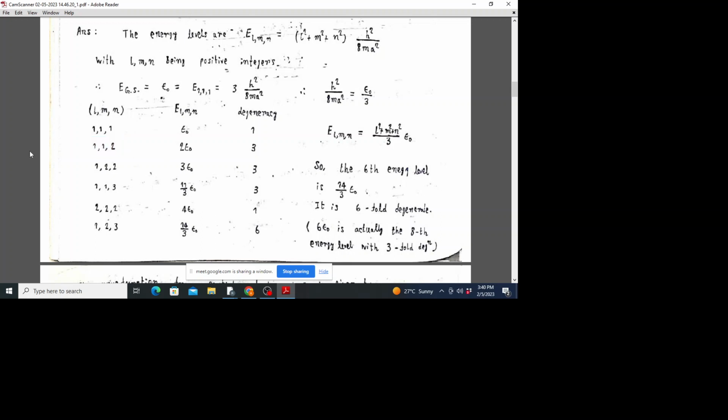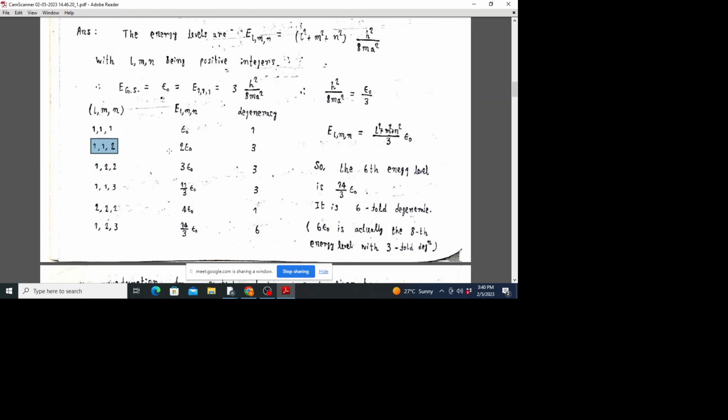And instead of 112 and 121 we could also use 211, and that would also lead to the energy level 2 epsilon naught. So we get the energy level 2 epsilon naught from three different combinations of L, M and N: 1, 1, 2, 1, 2, 1, and 2, 1, 1.